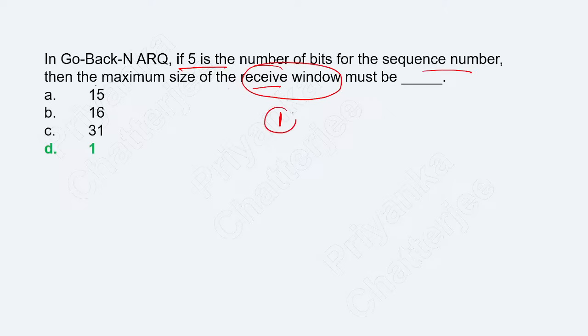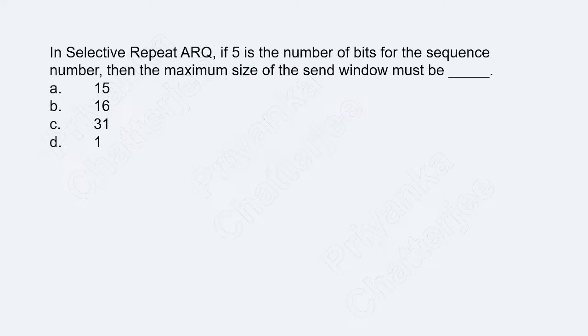Receiver window is always 1 in go back N. Always 1. Don't make that mistake. Ritu, you are making a mistake. That's why I am asking, so that you can do the mind mapping. Now tell me what will be the answer for this one.